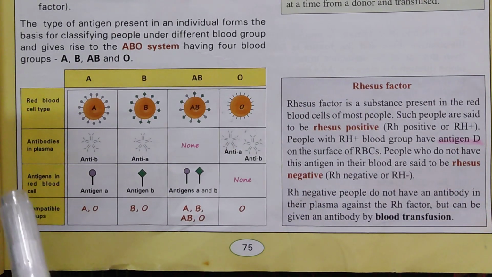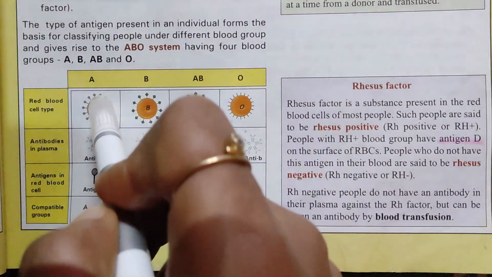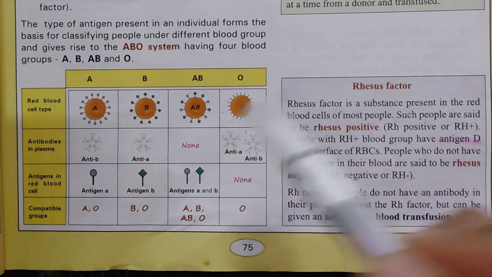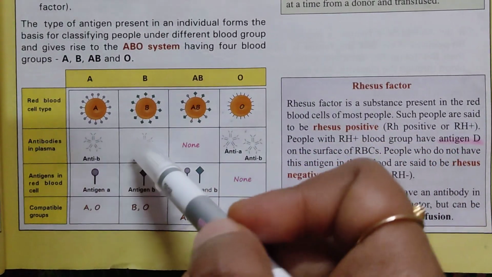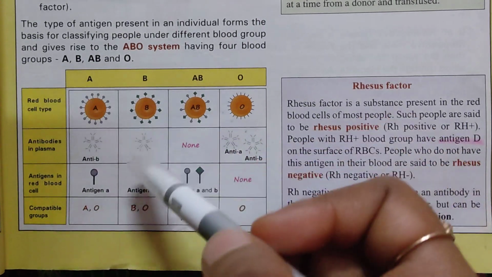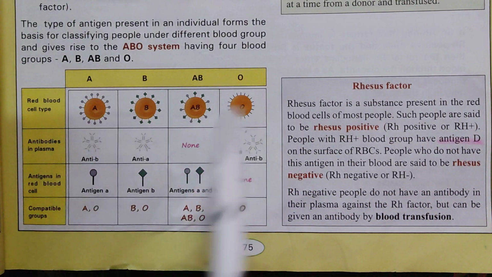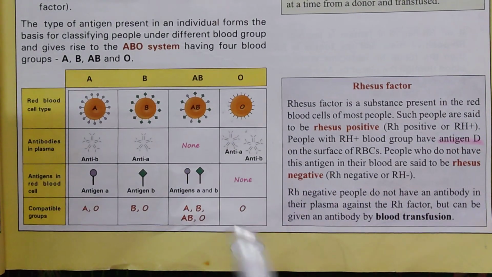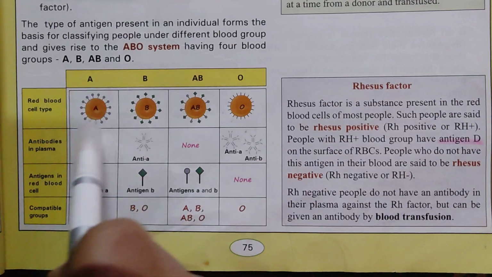Now he is having antigen A. So there will be presence of antibody. What antibody? Antibody B. First of all, let's treat this, then we will understand. Suppose here, this is having antigen A. So the structure is like this.